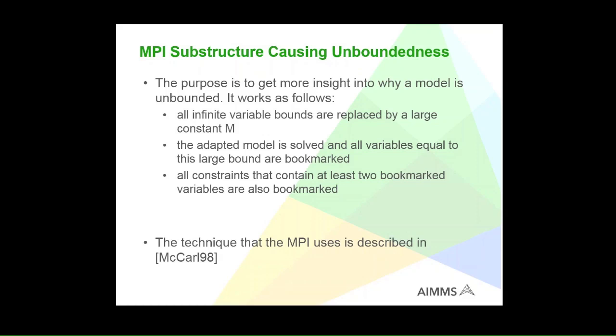It solves that model with all the variables bounded, and it will mark the variables and constraints that reach that large bound, because those are the ones causing your problem.